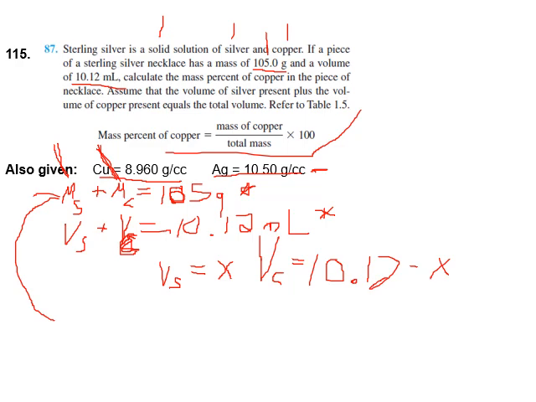Instead of writing it as the mass of the silver plus the mass of the copper, we'll write it as the density of the silver times the volume of the silver, which we're just going to call X. And then plus, for the copper, the density of the copper, which is right here, times the volume of the copper, which we're calling 10.12 minus X. On the next slide, I might have them reversed, but it doesn't make any difference, right? And what does it equal when we add these together? 105 grams. So without any more ado, let's go to the next slide.